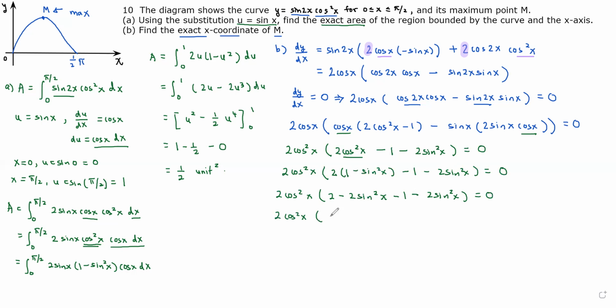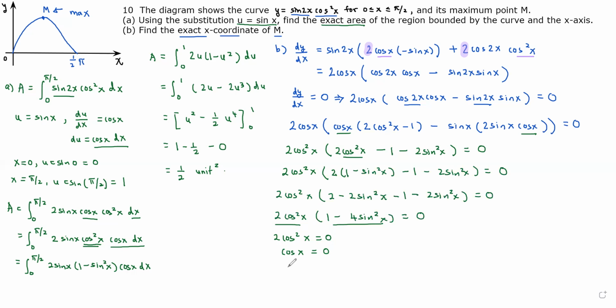Collecting like terms, we have 1 minus 4 sine square x equals 0. Now, the product of these two is 0. So we have 2 cos square x equals 0, which will give us cos square x equals 0, which will end up cos x equals 0.